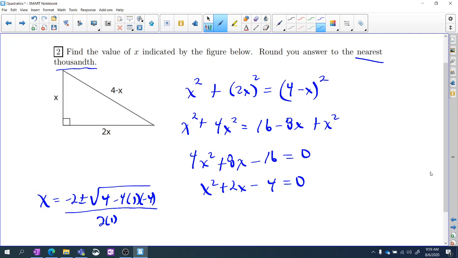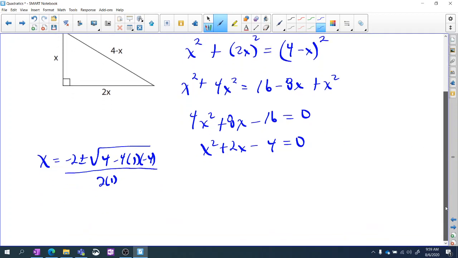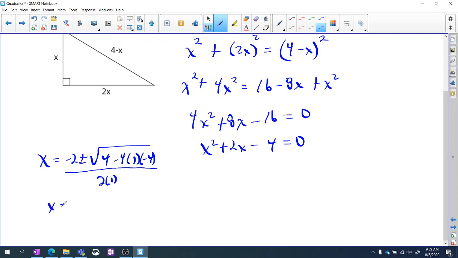We will get the following answers. x equals negative 2 plus or minus the square root of 20, over 2.